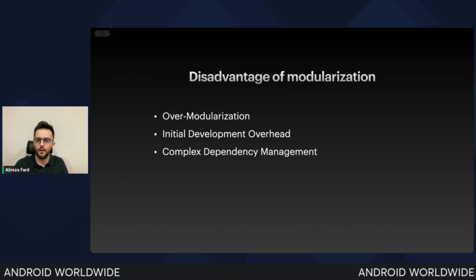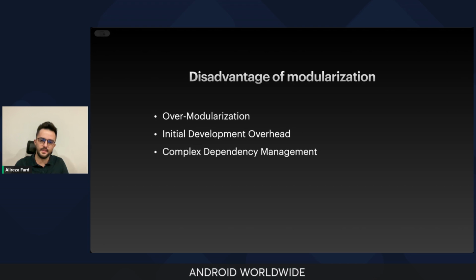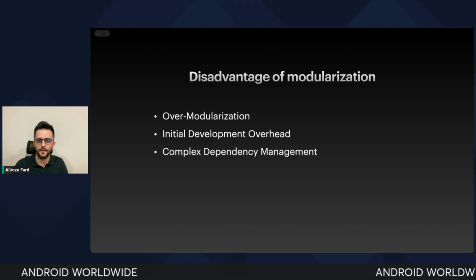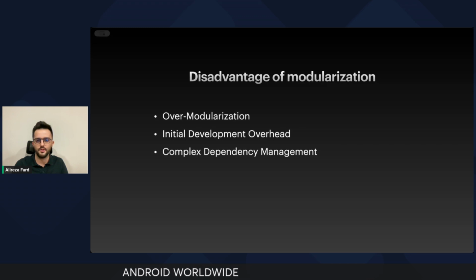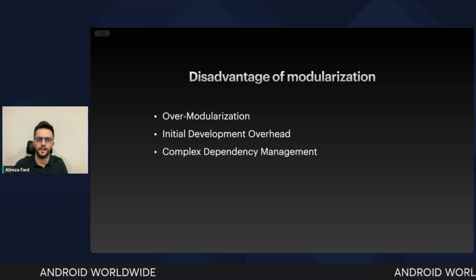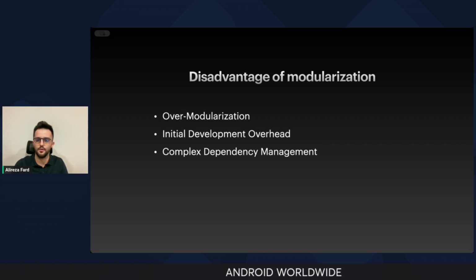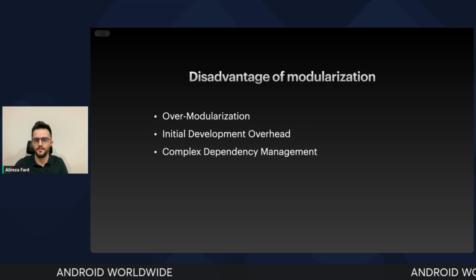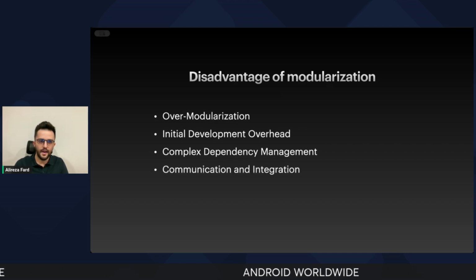The next thing is complex dependency management. Dependency management is a little bit risky, because if you do not care about it, you will face circular dependencies, or if the foundation of the architecture is not clear, you will have complexity in how you communicate between features and between your modules, and it causes problems.